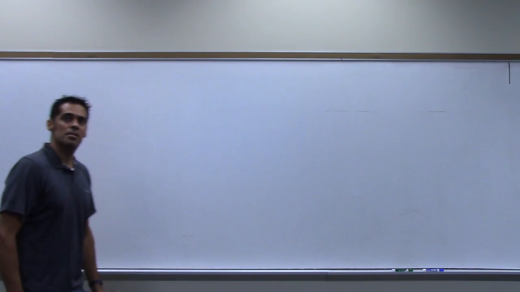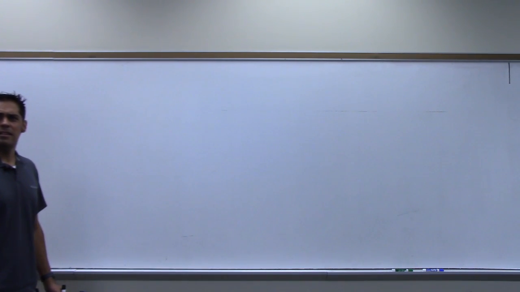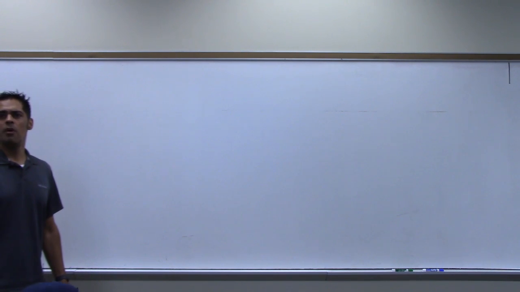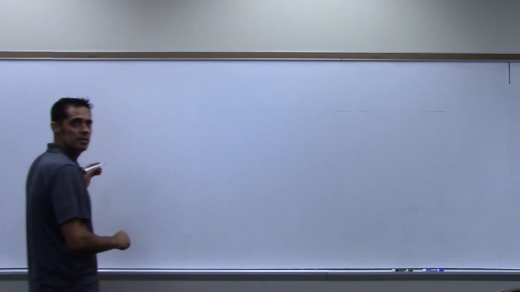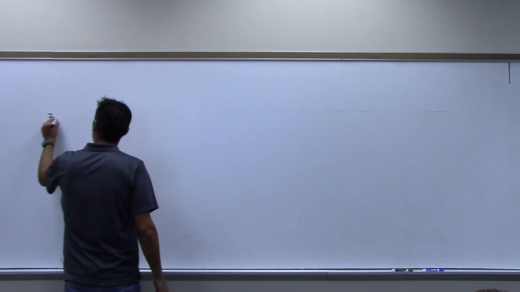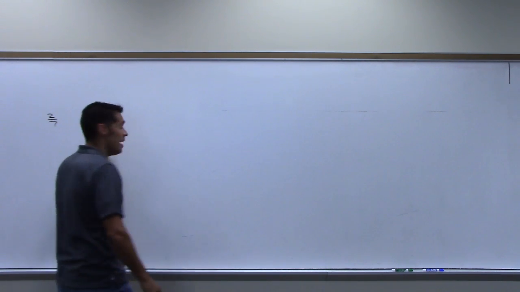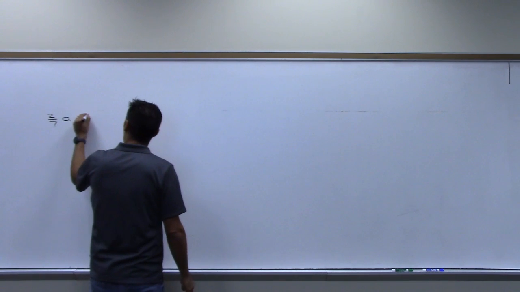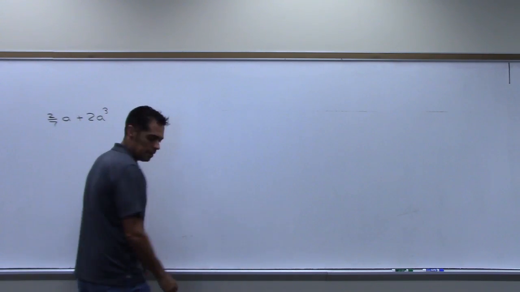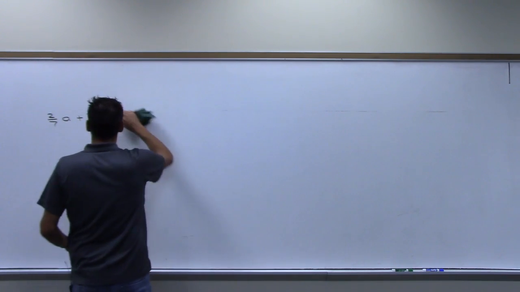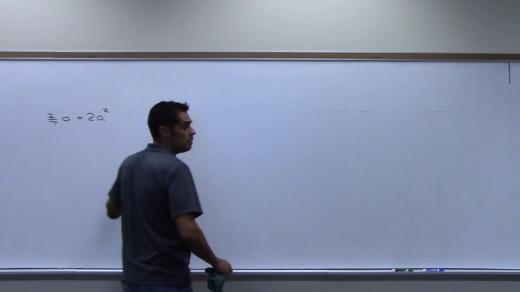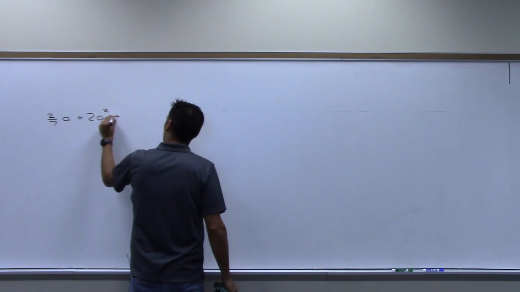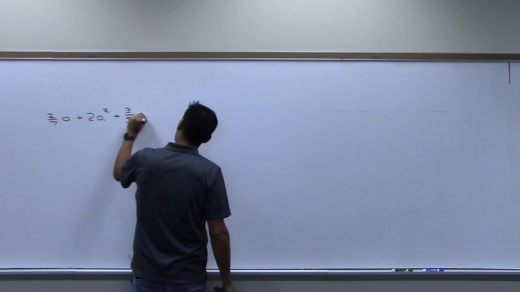All right, so let's look at this. Let's look at the second one. No, third one. The third one looks like the best. 2/7 a plus 2a squared. That's not squared. Plus 3/5 a cubed.